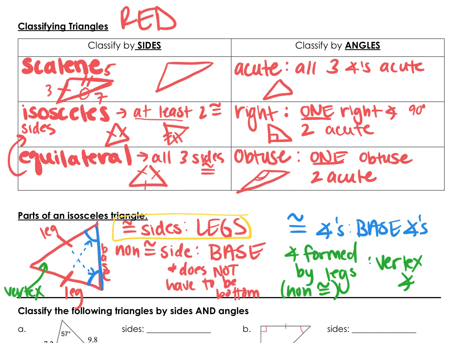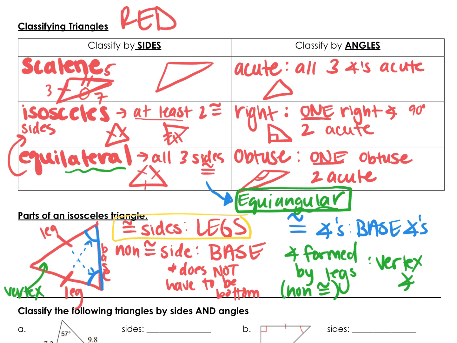We do have one additional term that is technically classifying by angles, and that is if something's equilateral, it is actually also equiangular. The root lateral means side, and then angular obviously means angle, but one implies the other.